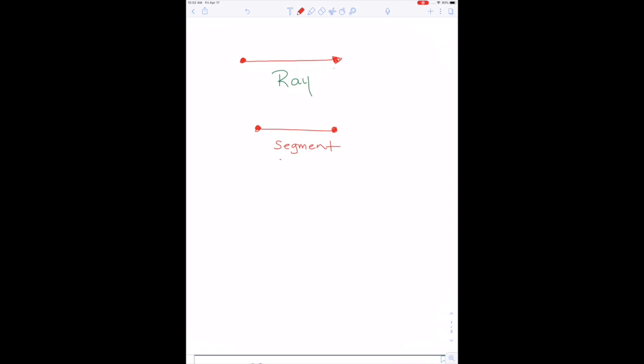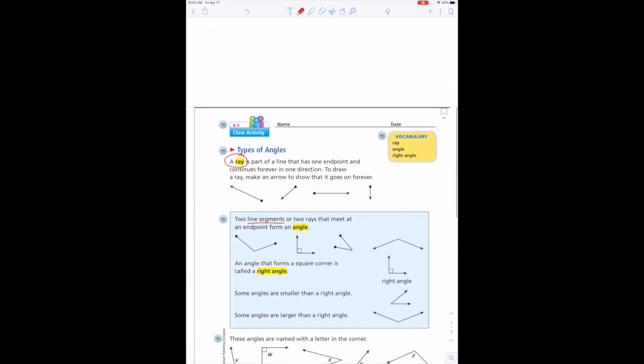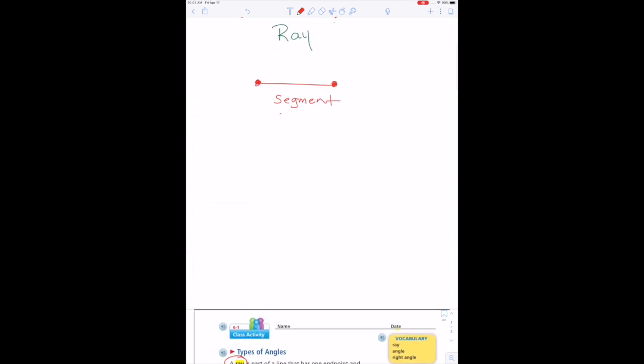An angle is when we have two line segments, if we look down here, or two rays that meet at an endpoint to form an angle. So we can have a segment that comes down here and meets, and then we have another line segment that meets that line segment.